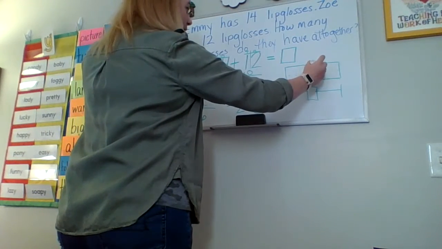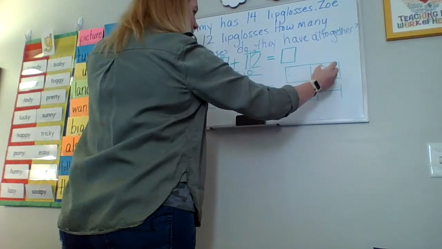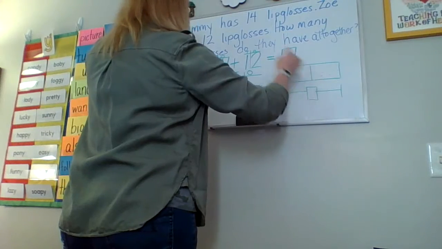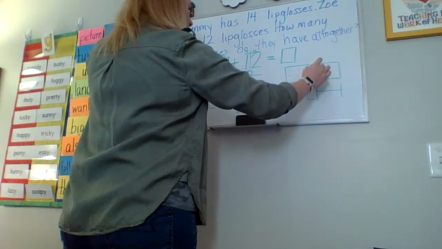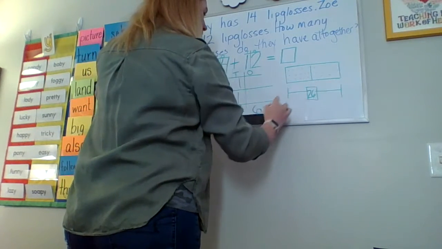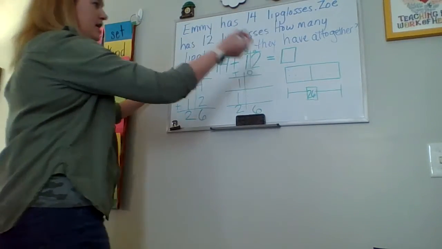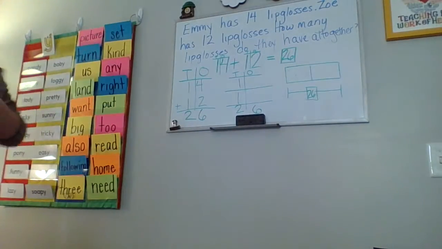I counted wrong then. Wait. 14. That's why I started at 12. 15, 16, 17, 18, 19, 20, 21, 22, 23, 24, 25, 26. Right? You could have also used a number line where you started at 14 and hopped up 12 to get to the next number, which is 26.